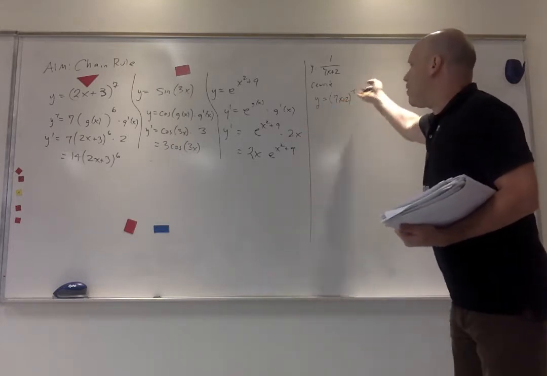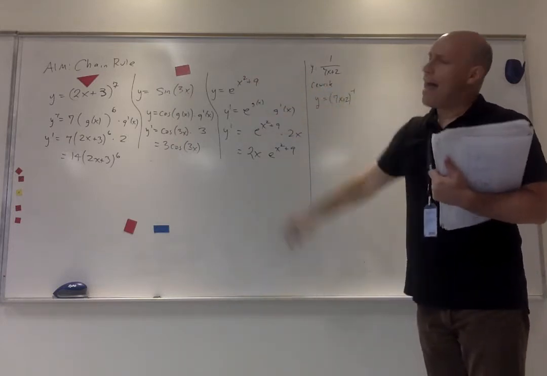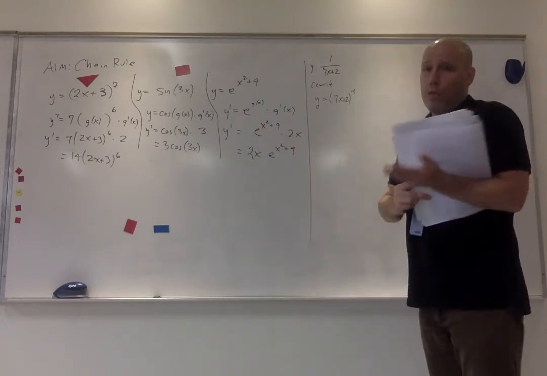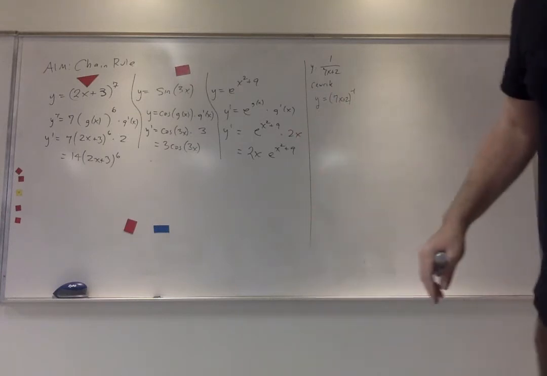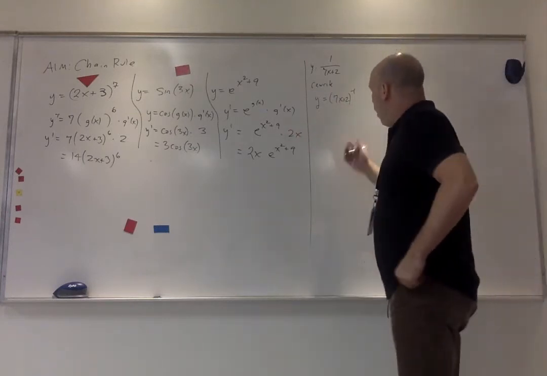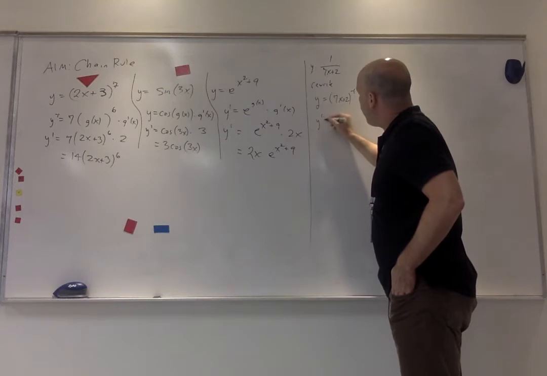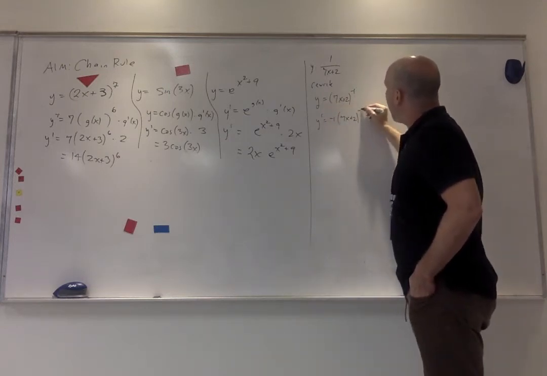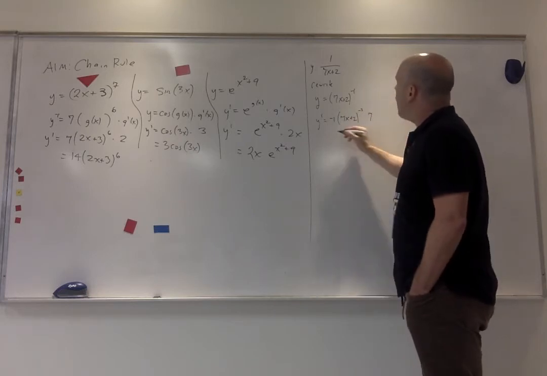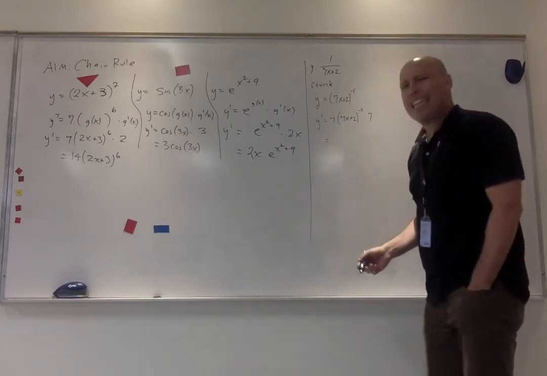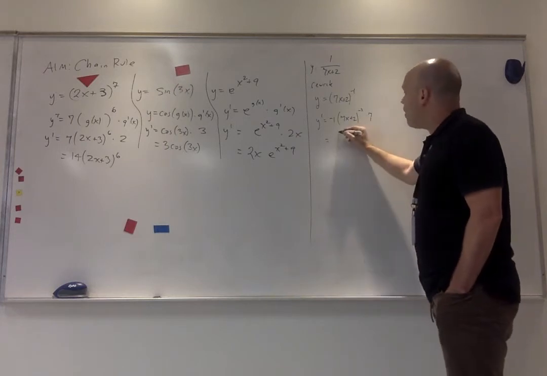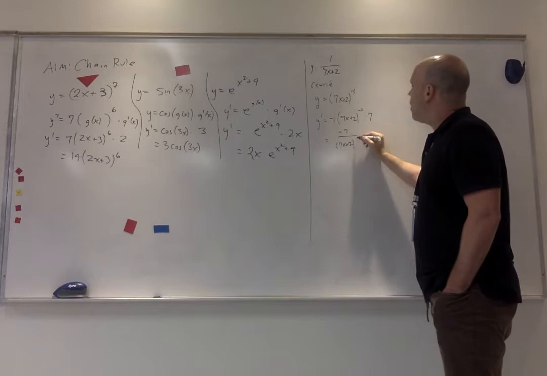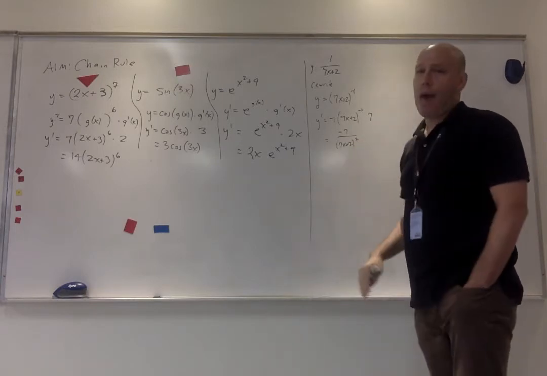Once again, this is just another polynomial, like example number 1. So what do you think? Okay, so we have y prime is negative 1 times (7x + 2) to the negative 2 times 7. How do you think we're going to clean this up? Well, negative 7 over (7x + 2) squared. We leave it like that.